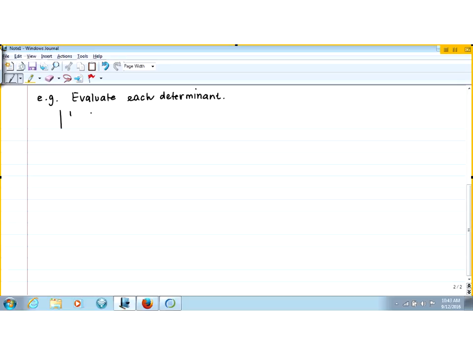Okay, so for example, if I have 1, 2, 7, negative 3. So this is the determinant. But if I have 3, negative 5, 8, negative 3.